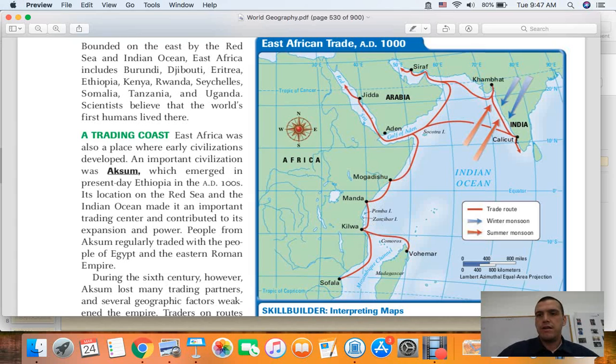The Indians figured out it's faster to get to Persia going through the Persian Gulf. You could go up through here. So that cut into the trade of the Aksumite kingdom. So this is just a visual to show you how the trade routes changed and where the trade routes were for the Aksumite kingdom.